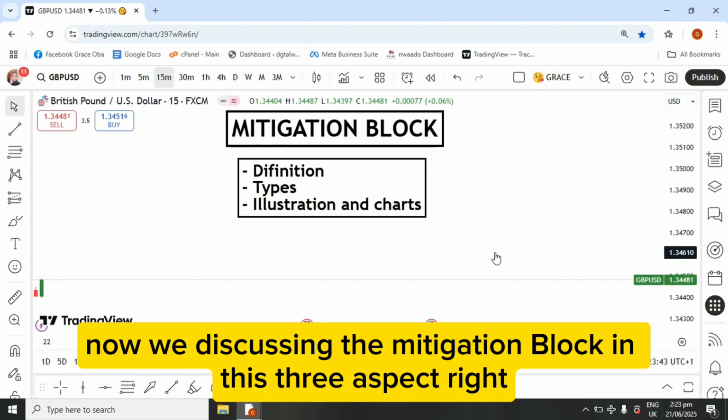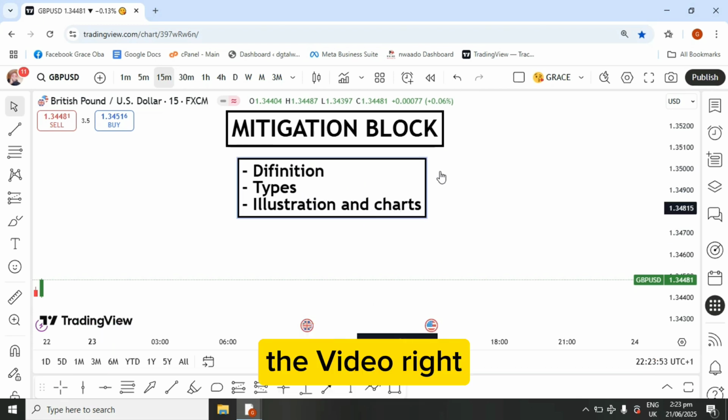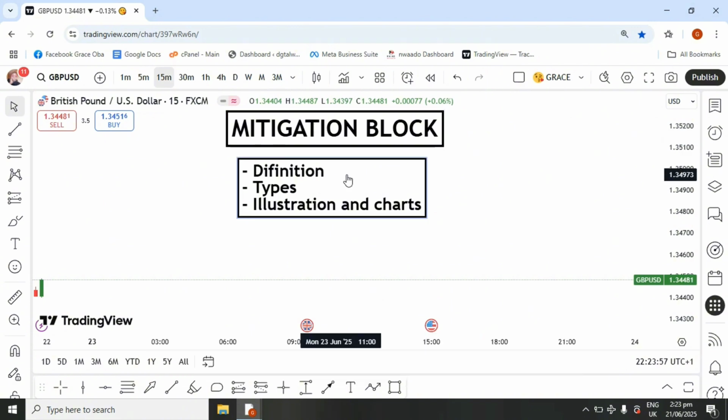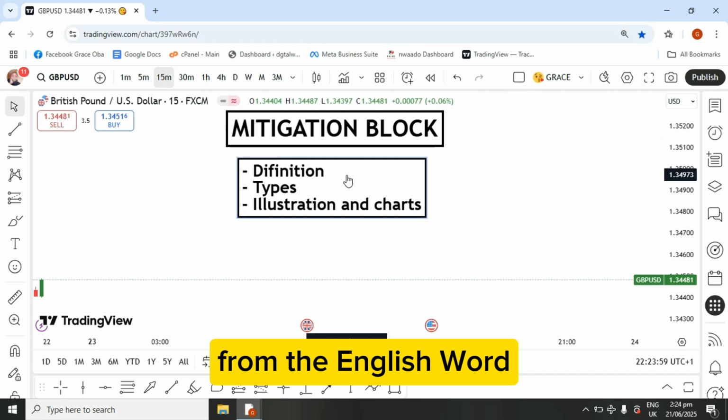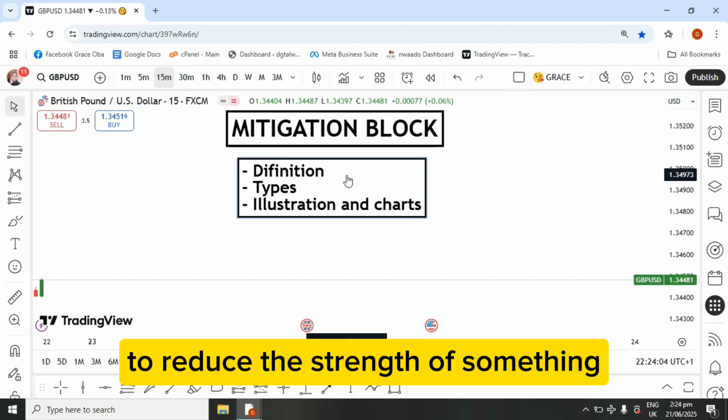Now we'll be discussing the mitigation block in these three aspects: defining it, the types, and we use illustration and charts to conclude the video. Now, mitigation block. From the English word, you should know that mitigation simply means to reduce the strength of something.